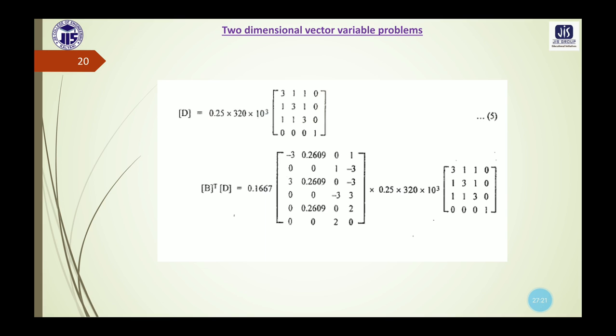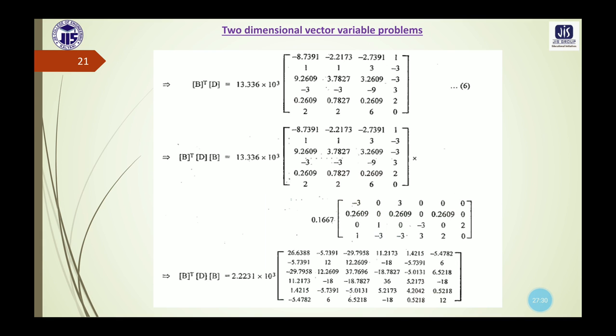Now to multiply the transpose of the B matrix with the D matrix, we need to put their values and then perform the matrix multiplication. After performing the matrix multiplication, we get equation number 6. Now the value of this equation number 6 needs to be multiplied with the B matrix, that is the original strain displacement matrix.